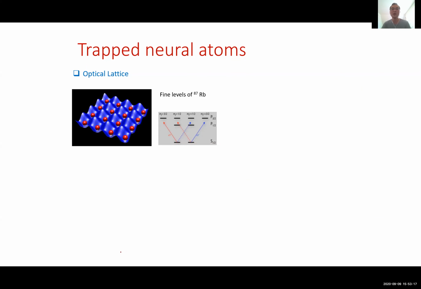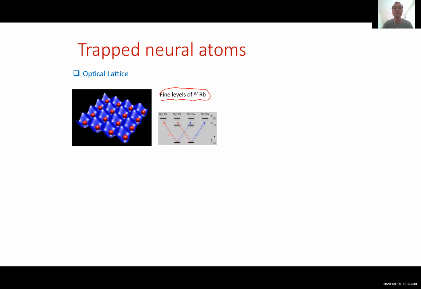You don't need to characterize each one, whereas if you use artificial atoms, for each atom you need to know its properties and perform some calibration. But if you use something already made naturally, then you know all the properties. So here I'm showing you the fine structure of rubidium.